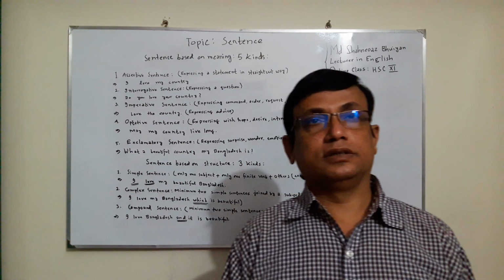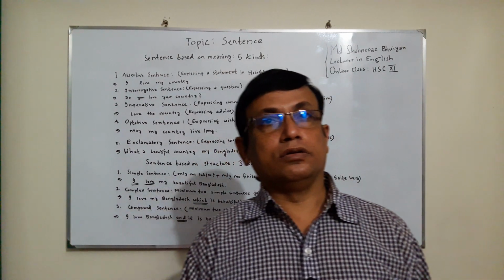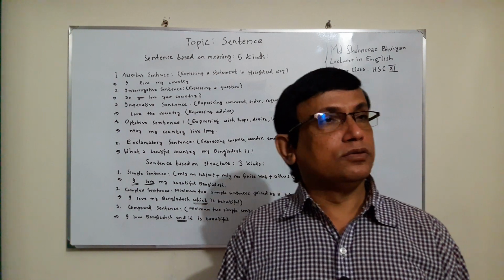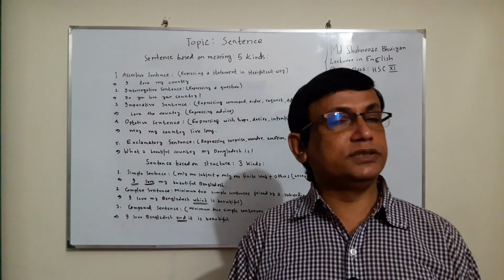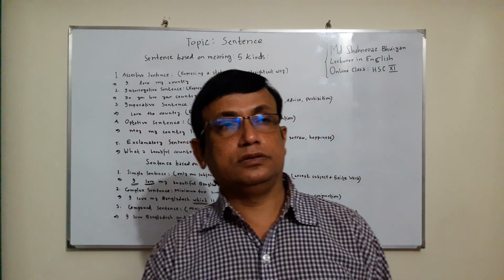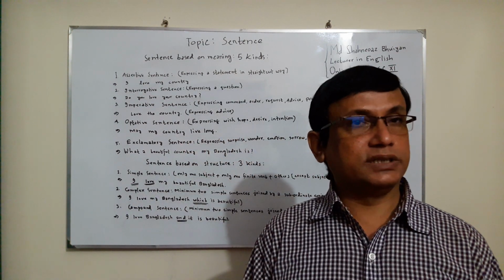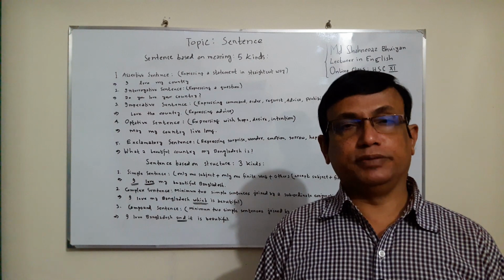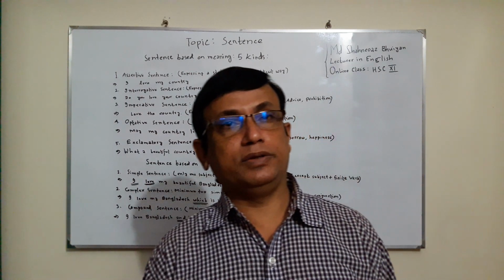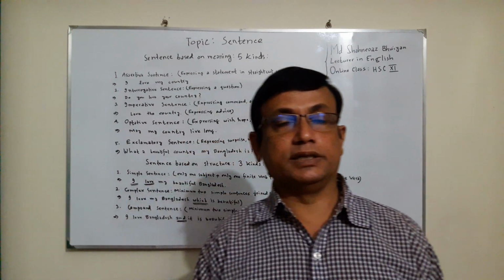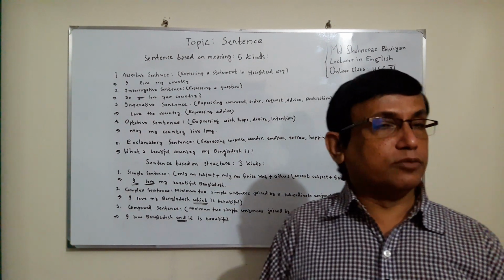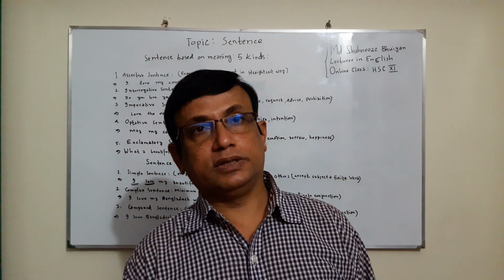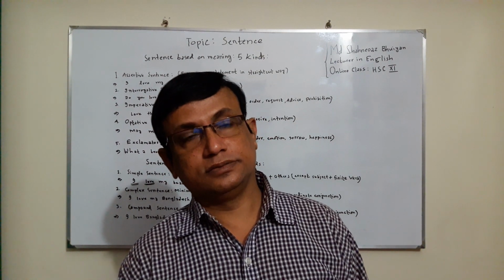So in this way, in all these 5 sentences, we can find affirmative and negative situations. So on this basis, every sentence can be affirmative, can be negative. To say that only assertive sentences can be affirmative and negative is not true.